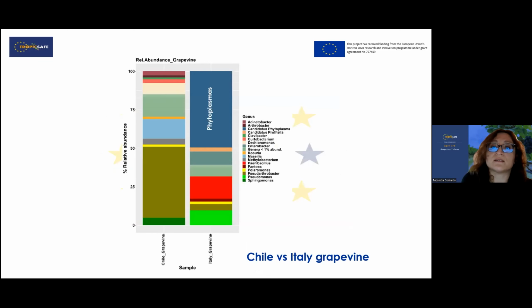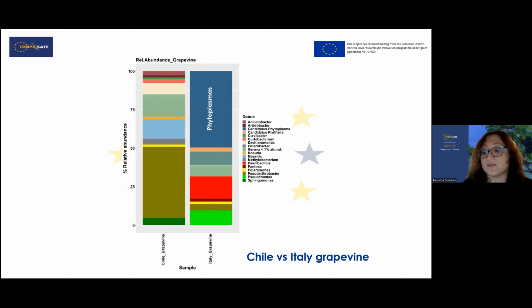But looking deeper into the bacterial composition of the grapevine from Chile and Italy, we found huge differences. While almost 50% of the bacterial composition in the Italian grapevine was related to phytoplasma presence, in the Chilean grapevine different bacterial families were identified, different from the ones identified in Italy.